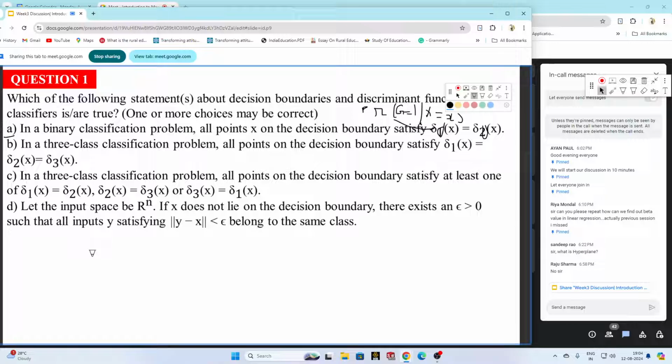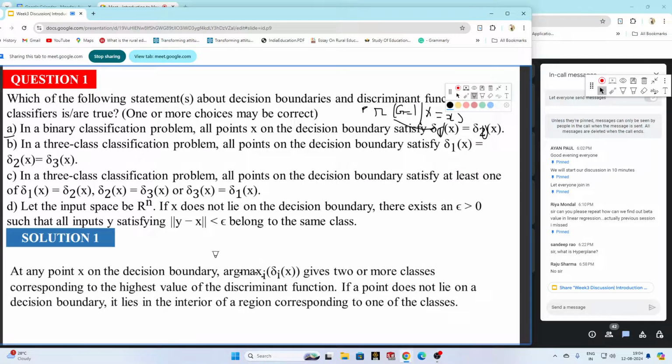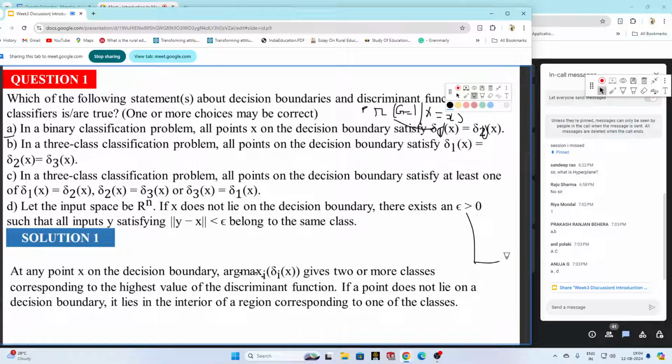Okay, so the thing is, I have always told you, if we are talking about our decision boundary, in that decision boundary our discriminant functions will be equal. Like if we have two classes, here one type of class and here one type of class, and we are taking one point on the decision boundary, let's say this is group 1 and this is group 2.